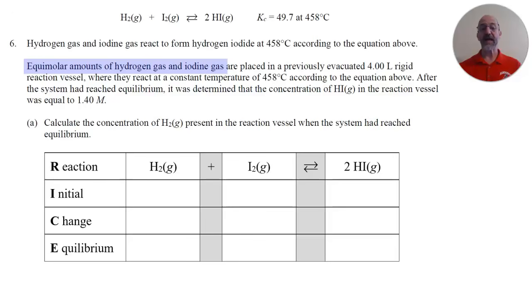All we know is that it's the same number of moles. So I will fill in my RICE table with simply capital N as a variable. The number of moles of hydrogen is unknown, but it's the same as the number of moles of iodine initially. And they did not add any hydrogen iodide initially, so that quantity is 0.